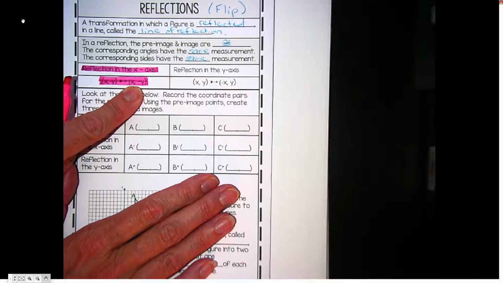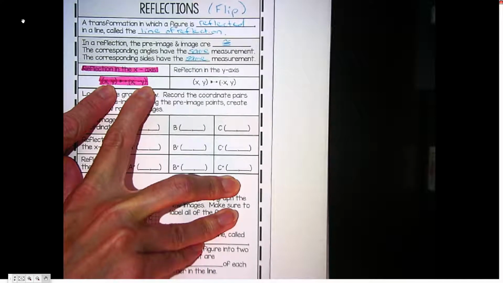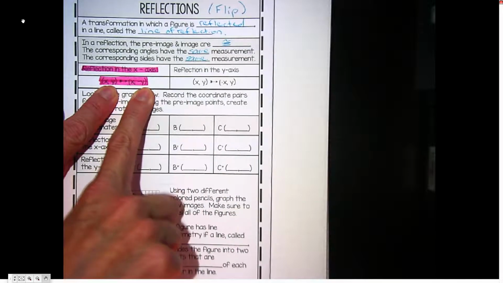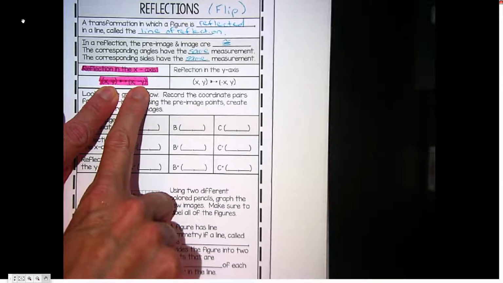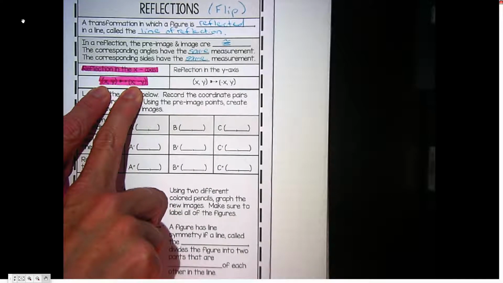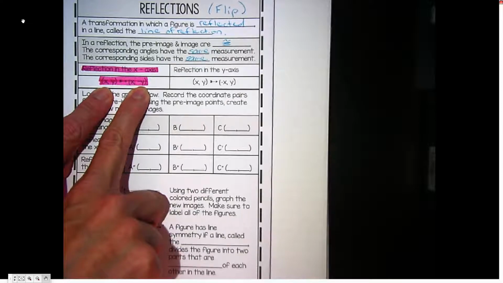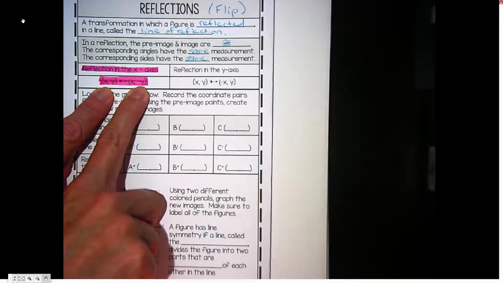In other words, all we're doing here is we're changing the sign of whatever the original y was. If the original y was positive, it becomes negative. If it was negative, it becomes positive. Nothing changes with the x coordinates. Okay, so if I have 3, 2, that becomes 3, negative 2. If I have 5, negative 6, that becomes 5, positive 6.